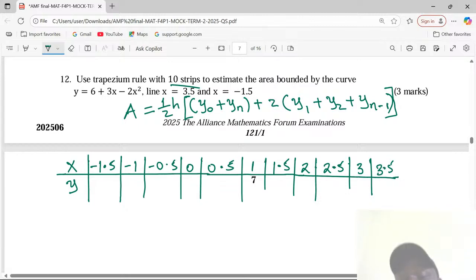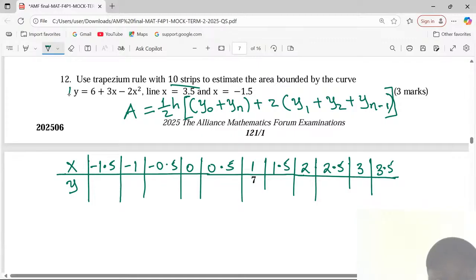So these are now 10 strips because we have used the right intervals. If you use intervals of a whole unit, be assured that the strips will not be 10. Therefore, now we substitute the values of x for us to know the corresponding values of y.